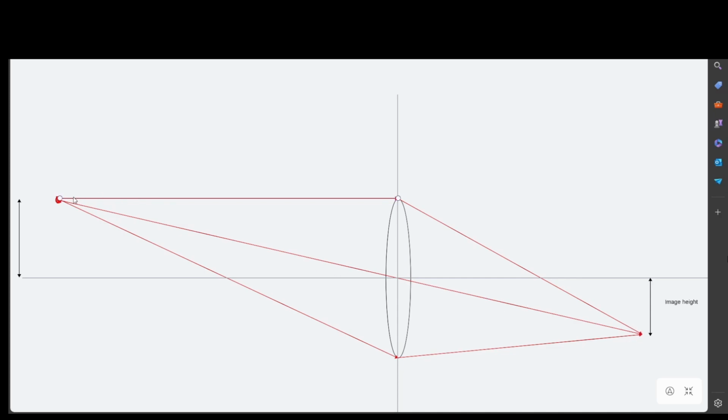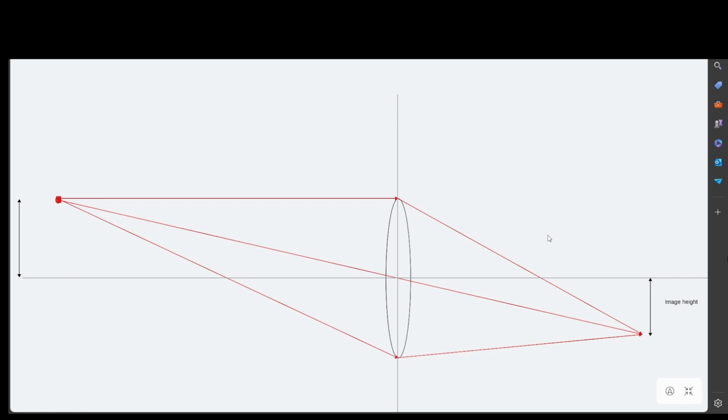And then, notice this is coming in perpendicular to our lens axis, and that's very similar to when we place our objects at infinite distance away. You can imagine that you have your parallel rays coming in here, and then what happens? The image is formed at the focal point.